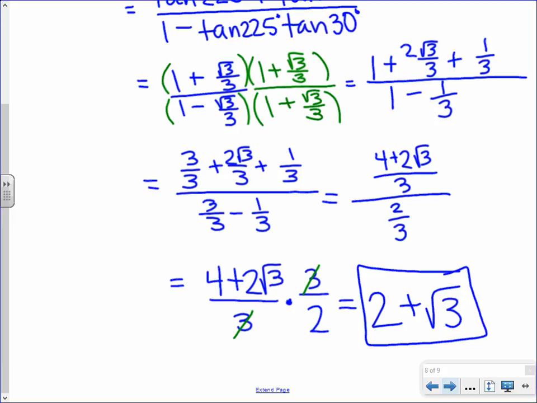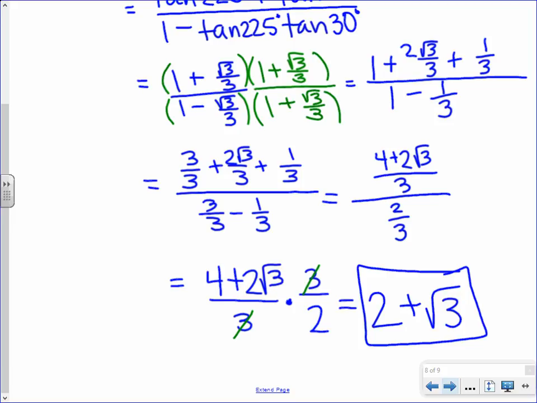Now, no matter what, if you have a tangent problem for these sum or difference formulas, they aren't going to be only a few steps. It's going to take a little bit of work. What made this a little more complicated is that the tangent of 30 degrees was radical 3 over 3. It was a fraction. Tangent of 60 degrees, what is it? Radical 3.